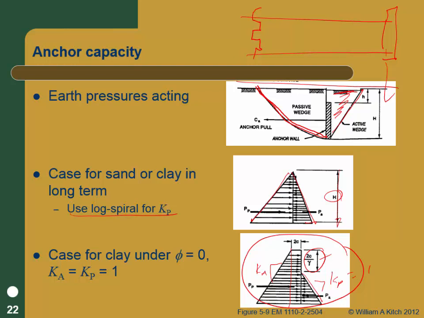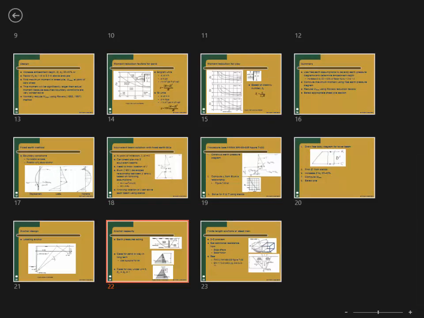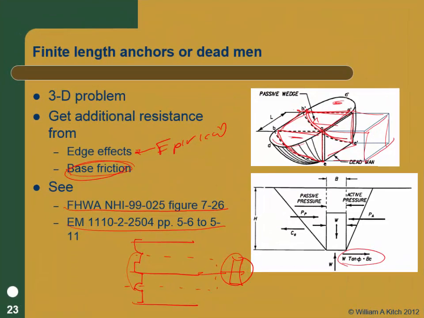Because your T is in load per length, that's fine, and you can put the tiebacks in any place you want. Then you only need the tributary area to calculate the total load in the anchor to size the anchor itself. But when you're doing the earth pressure calculation, you can just do it in terms of capacity per unit length. In this one, you can't. This is not a capacity per unit length problem anymore, it's a total capacity problem. Do you understand the difference between what I'm saying there or not?